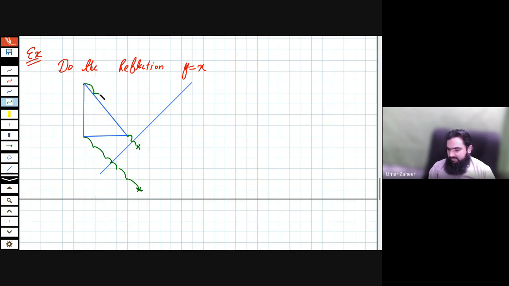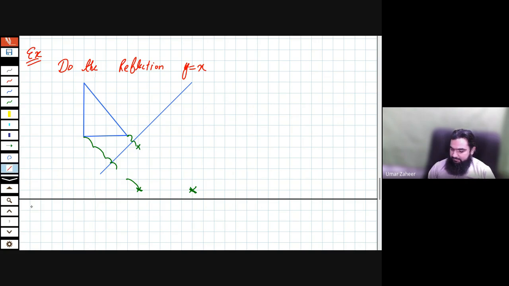We have 1 diagonal, 2 diagonal, 3 diagonal, and so on, counting 1, 2, 3, 4, 5 on each side. You will get the 3 points.